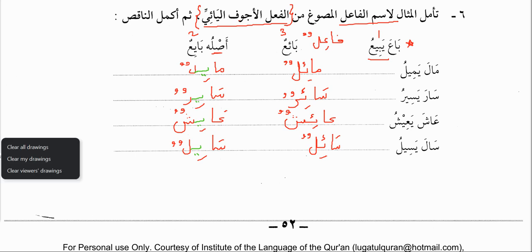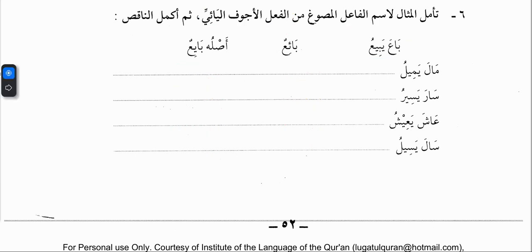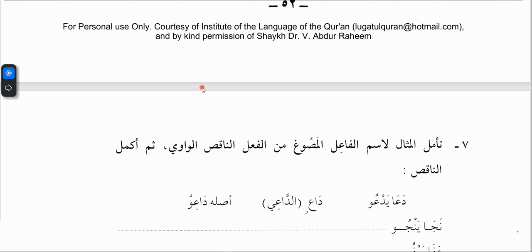So now let's check the next question. And we have another set of fails here. Let's see what kind of fails these are. Tamil al-misal. The same, we are still doing the ismun file, but from which kind of verbs now? We will do it from fail naqis al-wawi.